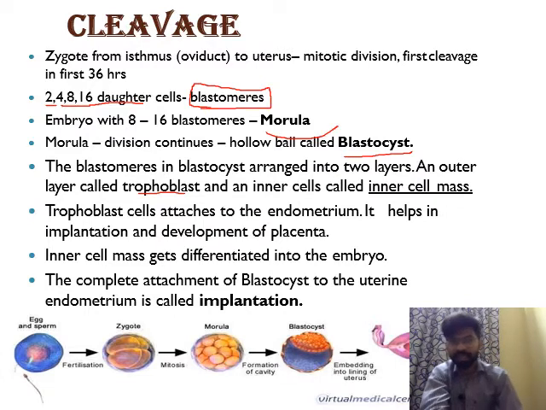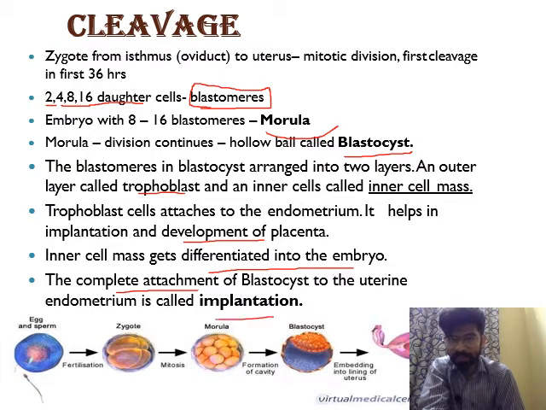The trophoblast cells attach to the endometrium, the inner lining of the uterus. The outer layer of the embryo is the trophoblast, and it will attach to the endometrium and help in implantation and development of the placenta. The inner cell mass gets differentiated into the embryo, and the complete attachment of the blastocyst to the uterine endometrium is known as implantation.